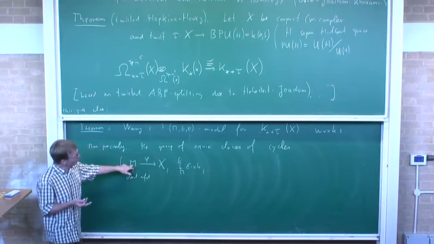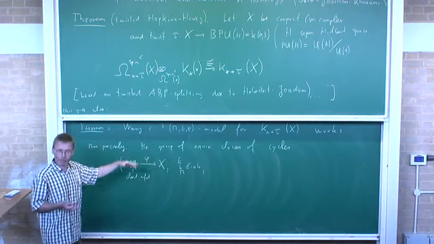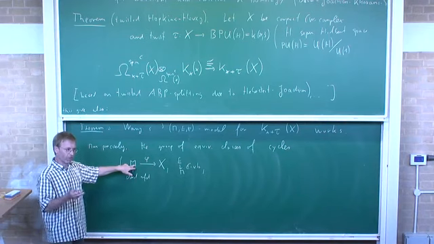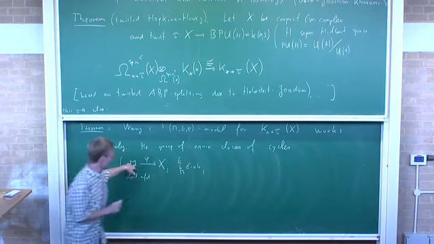Now we are in a situation that we want to talk about a twisted K-homology, so we replace the spin C structure by a twisted spin C structure.